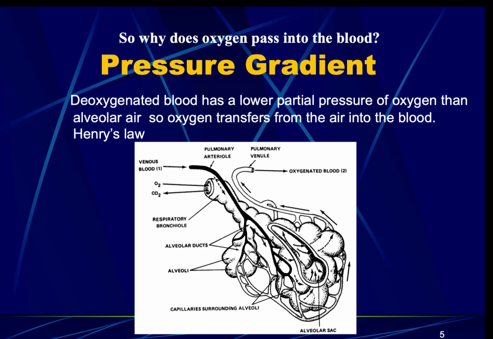Henry's law. Again, this is just showing us how the air is moving into the actual alveolar sacs. You guys can look over that diagram that I've posted, but remember that CPAP is usually 100% Henry's law. We're just creating that pressure gradient in order for that adequate gas exchange to occur.